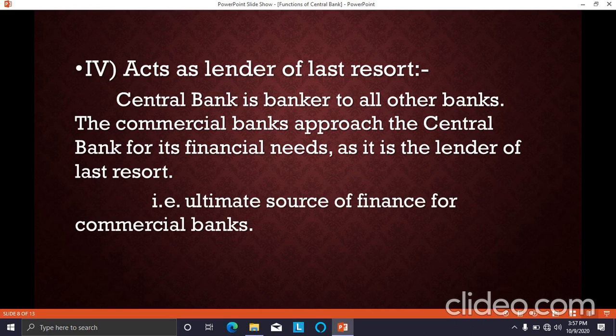So whenever we are in need of money, we approach the banks. In the same way, whenever the banks are in need of money, they approach the central bank. So central bank acts as the lender of last resort. It is a banker to all other banks. So it is the ultimate source of finance to the commercial banks.